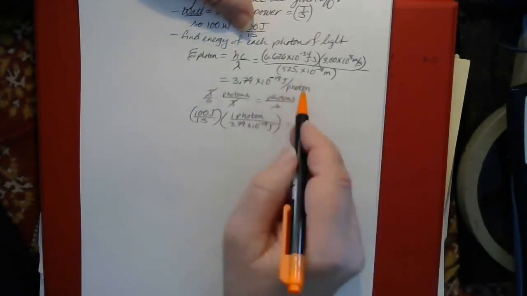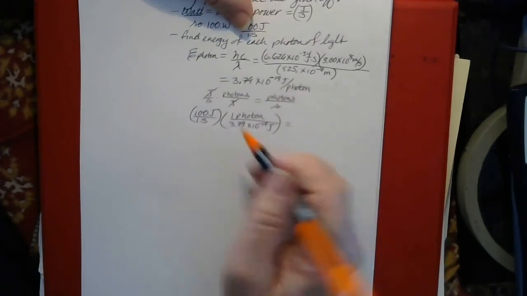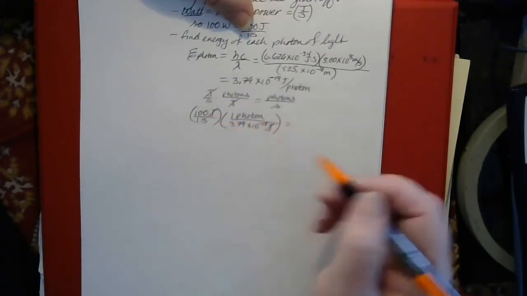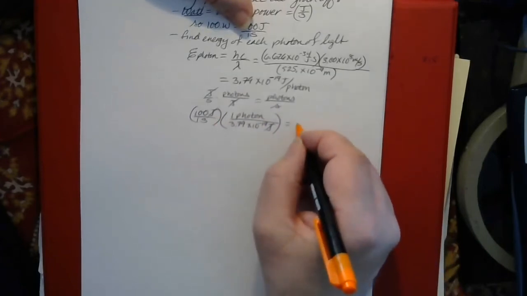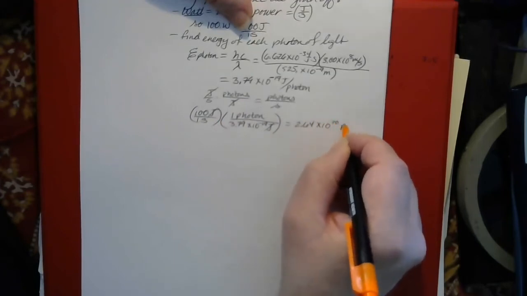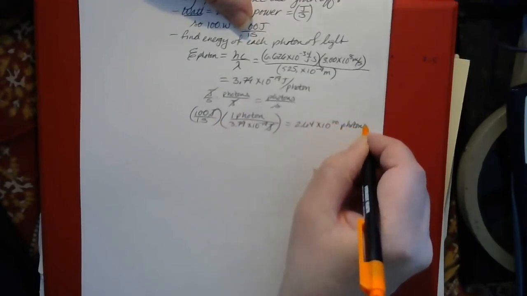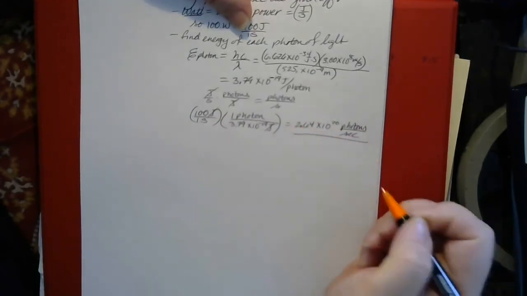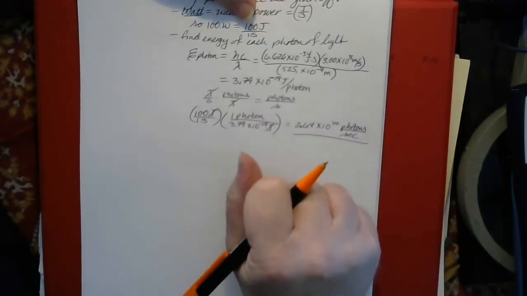Okay, so that's what I meant by using this number upside down. Joules cancel. We end up with photons per second. And that is 2.64 times 10 to the 20th photons per second. And so there you go.